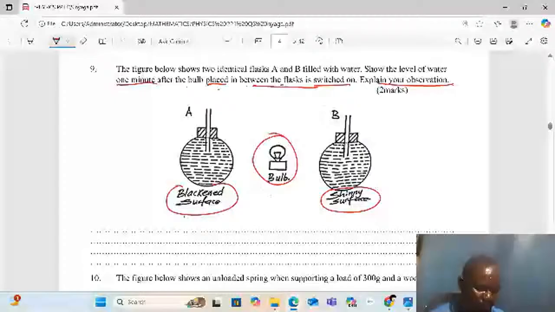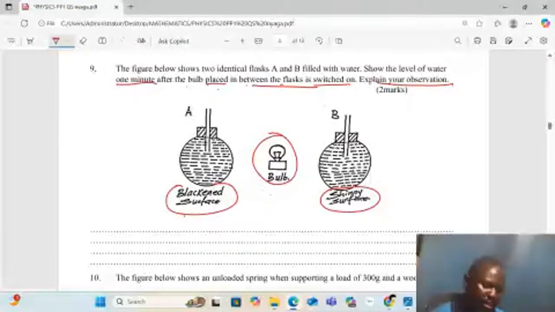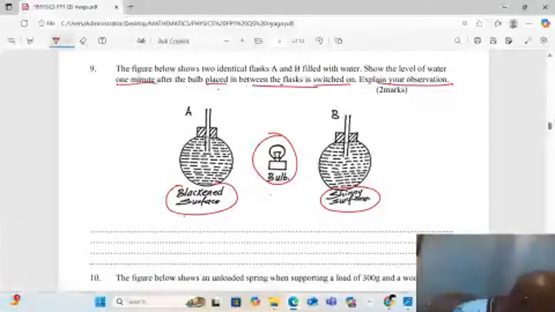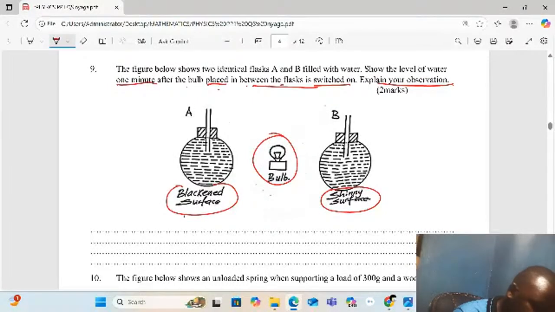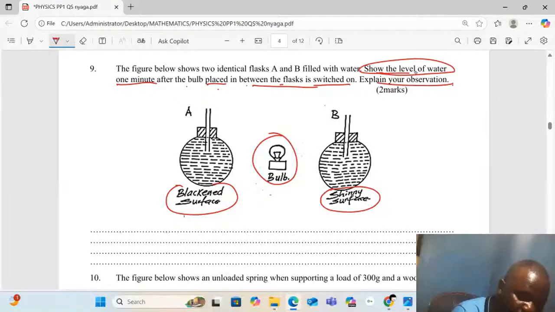Shiny surfaces are also poor emitters of heat. Therefore, the first thing is you show the level of the waters. So we expect A to rise to a higher position than B, and you can see the difference.